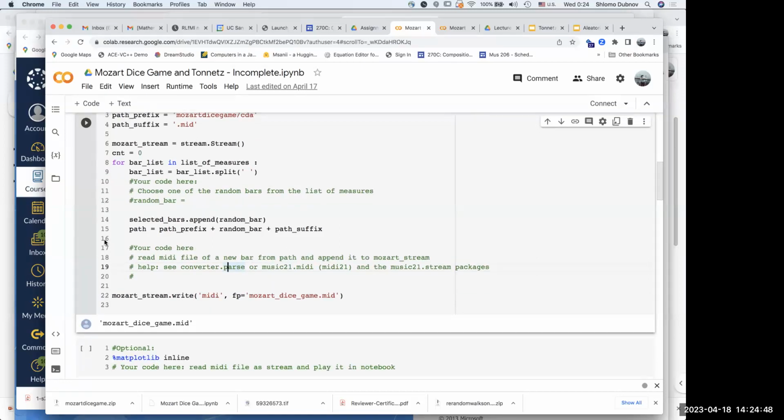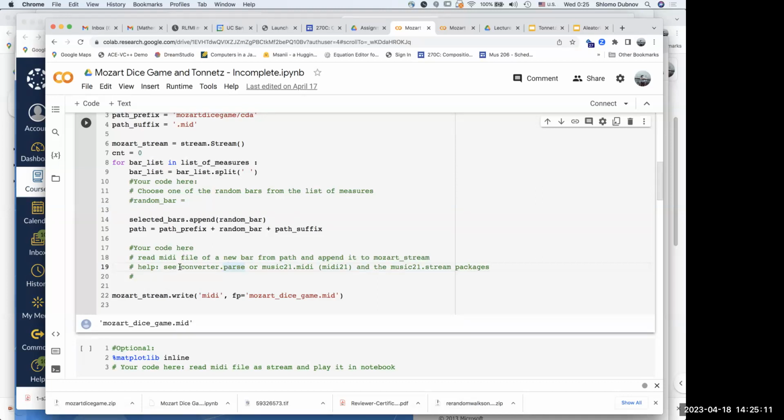So here, really the whole thing is just random selection. With this random bar, you find the file that you're looking for. The selected bars is really for you to keep track of how you sequence your bars.